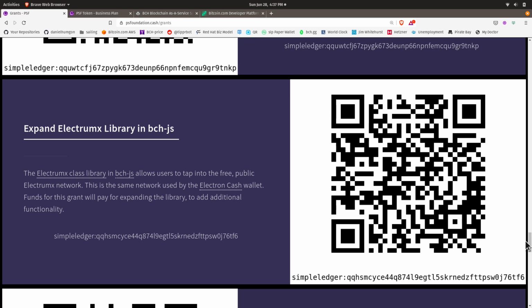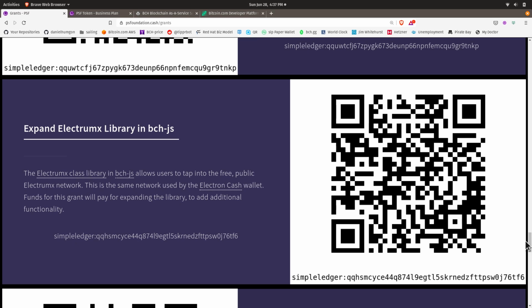The addresses of the grants that are funded will be airdropped PSF tokens 1-to-1 with those funding tokens. So the funding token has no marketable value. The only thing people can do with it is fund these grants. That's the only thing it can be used for. And then these grants get the airdrop of newly minted PSF tokens, and as long as there's a peg to Bitcoin Cash and those tokens can be exchanged for money, that's an incentive for someone to work on these bounties.